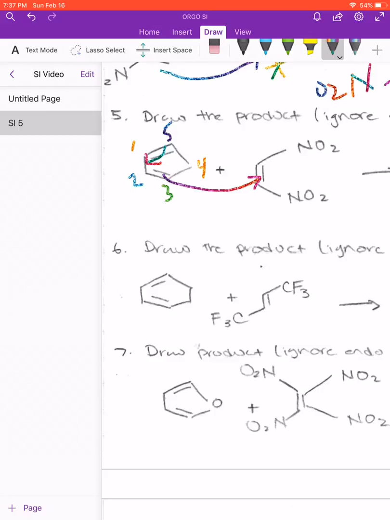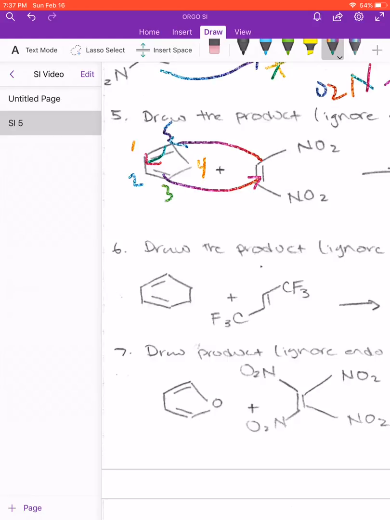And the double bond from the dienophile is going to go right here. Okay? So essentially what you have here is the following product.